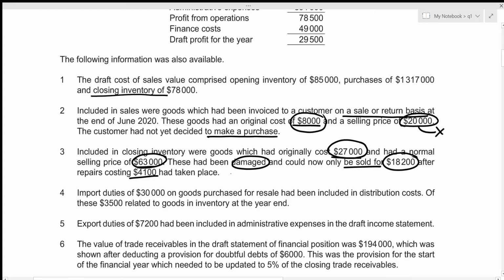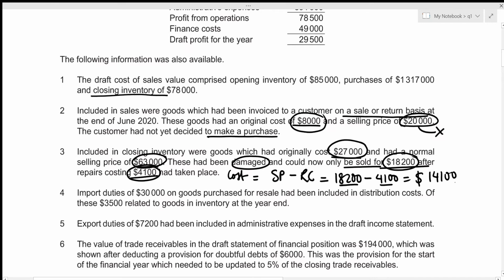So the new cost to be included in our closing inventory would be its selling price, which is the value that this good now could be sold for, minus all of the repair costs. So we know that this now could be sold for 18,200, but after repairs costing 4,100. So we just need to subtract that repair cost. So now the new cost to be included in our closing inventory would be 18,200 minus 4,100, which gives us the value of 14,100.